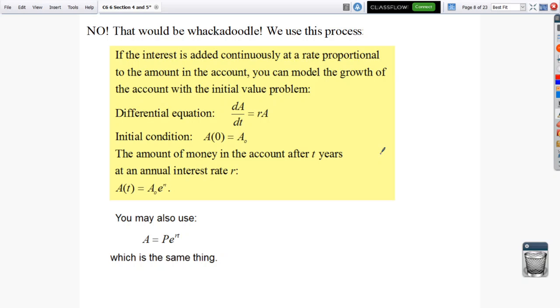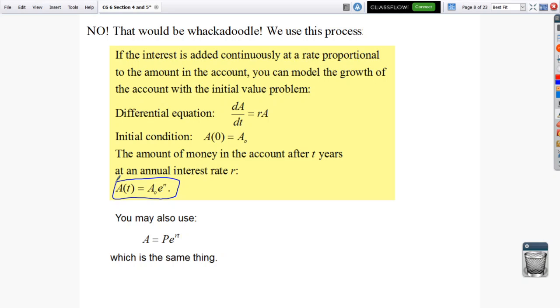That's basically the same thing as dy/dt equals ky, except we're using different letters. Now, if we call the initial amount A naught, we can use that general solution to get A of t equals A naught e to the rt.